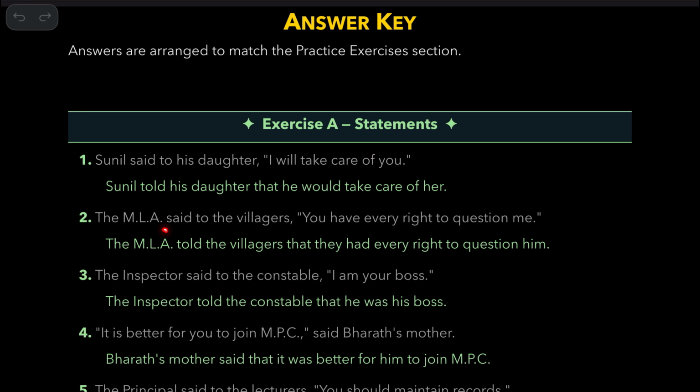The MLA said to the villagers, "You have every right to question me." The MLA told the villagers that they had every right to question him. The inspector said to the constable, "I am your boss." The inspector told the constable that he was his boss.